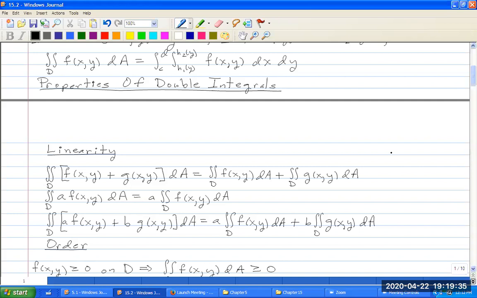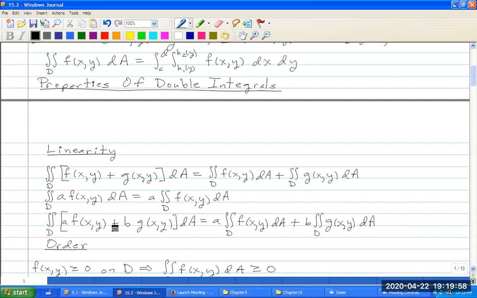So the double integral of f plus g is the same as the double integral of f plus the double integral of g. The double integral of a times f is the same as bringing the a outside the integral, a times the double integral of f.